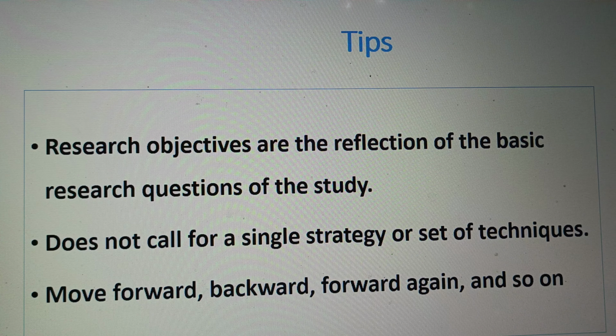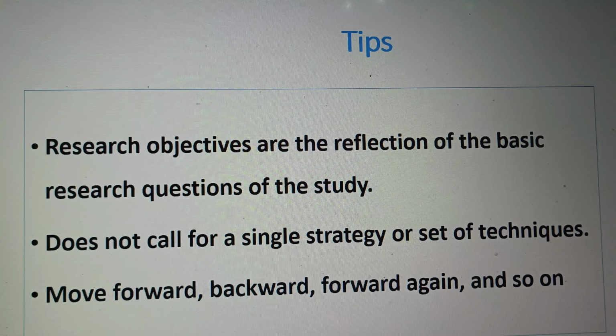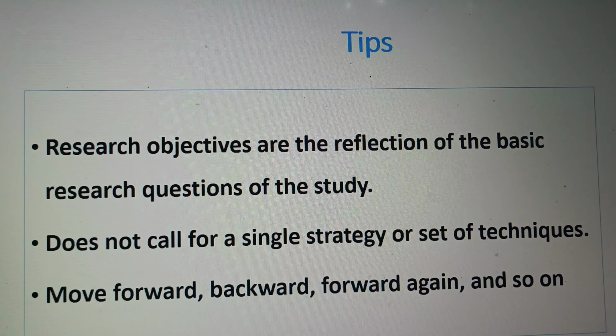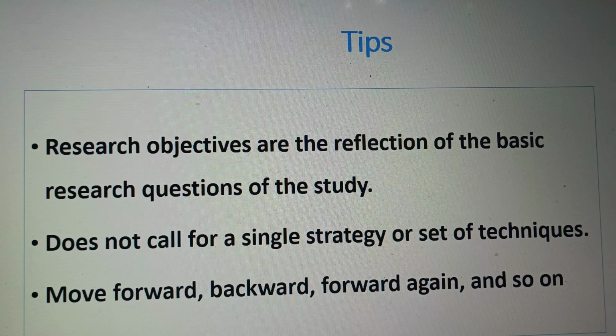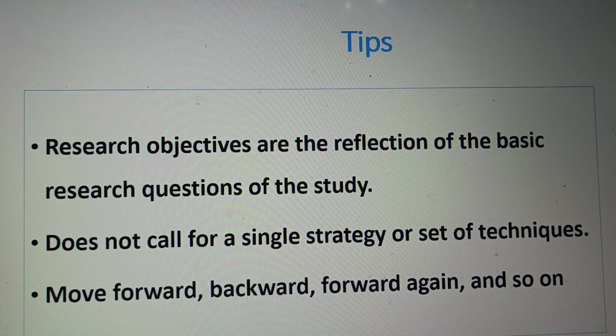Another thing you should know as a researcher is that research does not call for a single strategy or set of techniques. Different researchers write research in different ways. There is no one way of doing research. Some begin from a literature review, others begin from developing data gathering tools. There are different mechanisms in the way research is undertaken.